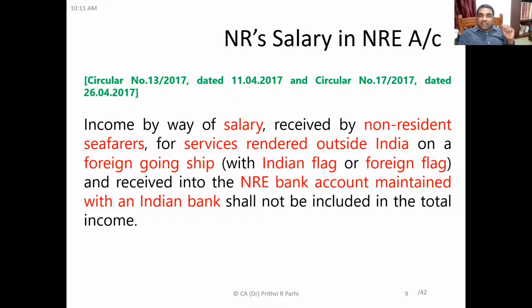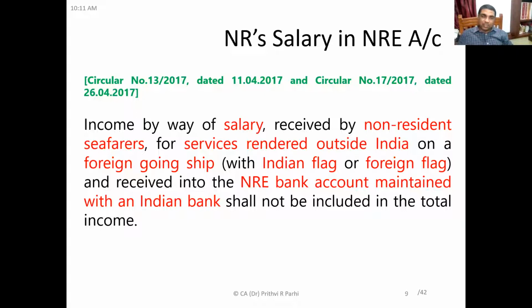For services rendered outside India on a foreign going ship, with Indian flag or foreign flag, doesn't matter, but it should be a foreign going ship. And there is a non-resident seafarer who is receiving salary, and this salary is received into the NRE bank account maintained with an Indian bank.